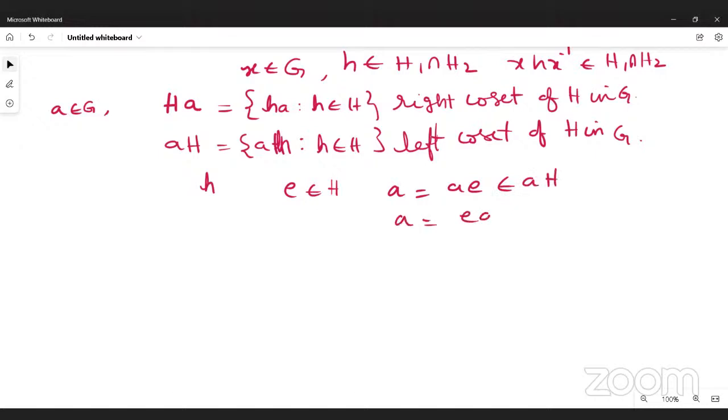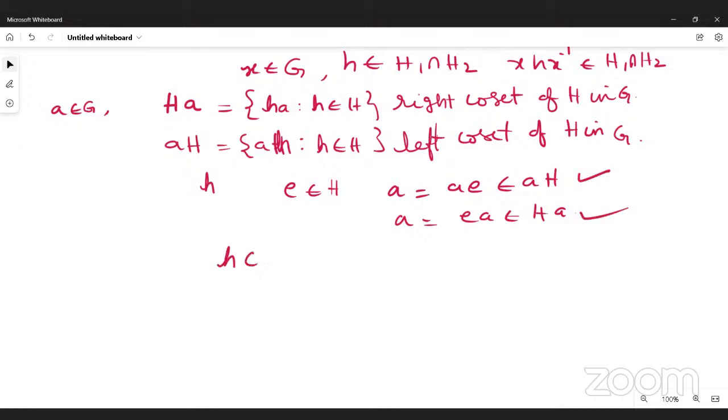Similarly, a also can be written as ea, which belongs to Ha. That means whatever cosets, either left coset or right coset, you have defined, they are non-empty sets. Now, clearly, a belongs to aH, a belongs to Ha.